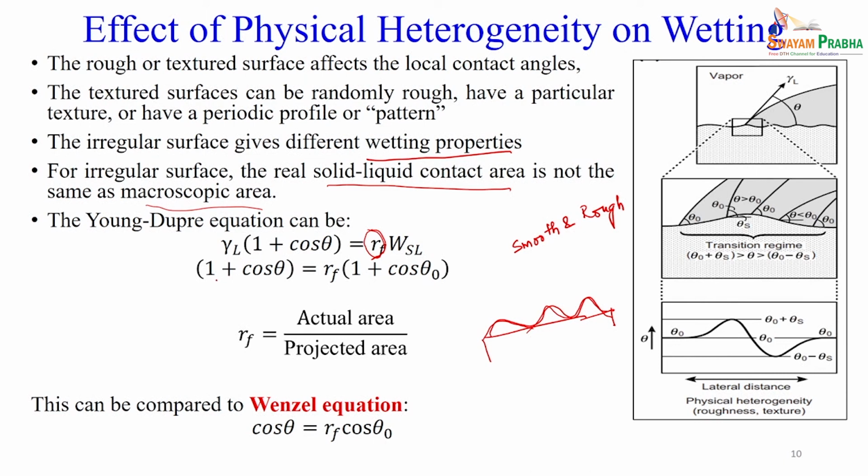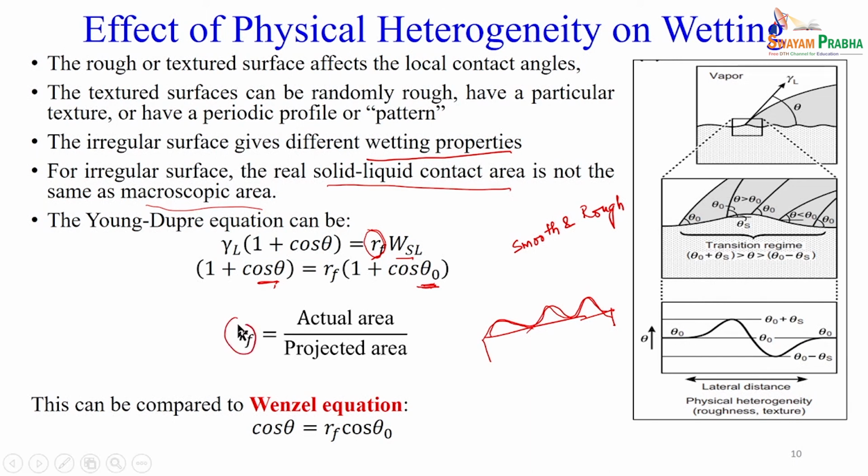So, 1 plus cos theta is equal to RF times WSL. From Young's equation, WSL is equal to 1 plus cos theta 0. So, this theta is on the rough surface, and theta 0 is on the smooth surface.